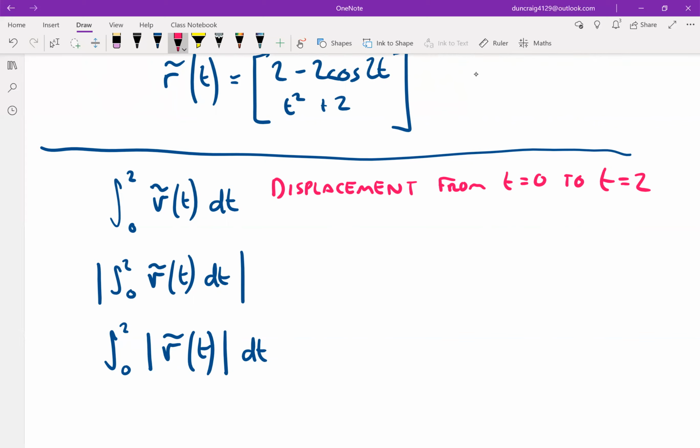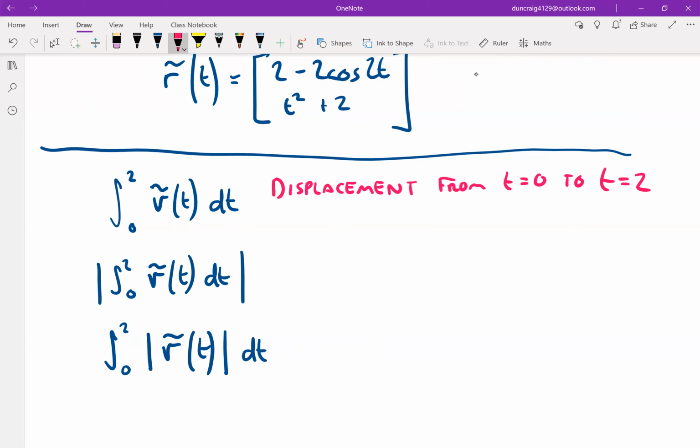If we were to do the absolute value of that, that would give us the magnitude of the displacement. The displacement is a vector, so it could be both positive or negative.